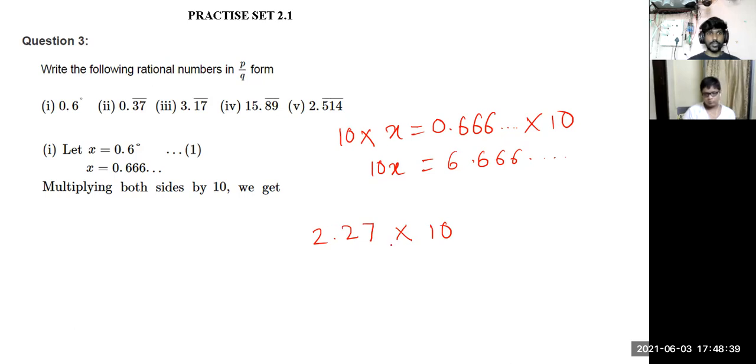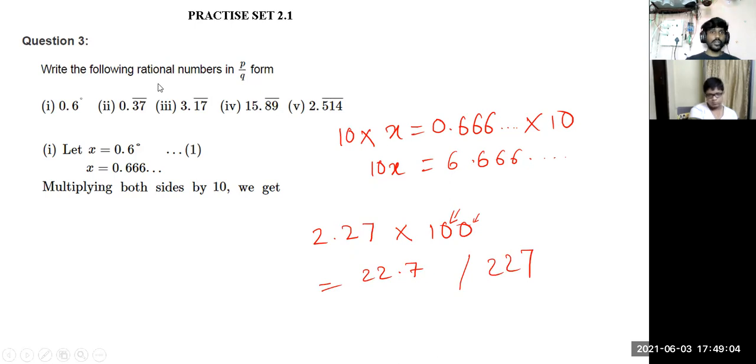Now multiplying here, be careful with that. You will shift the point by how many numbers towards the right? 1. So what will be the answer? 22.7, correct. And if this would be 100, then what would it be? 227, correct. So you understood here.